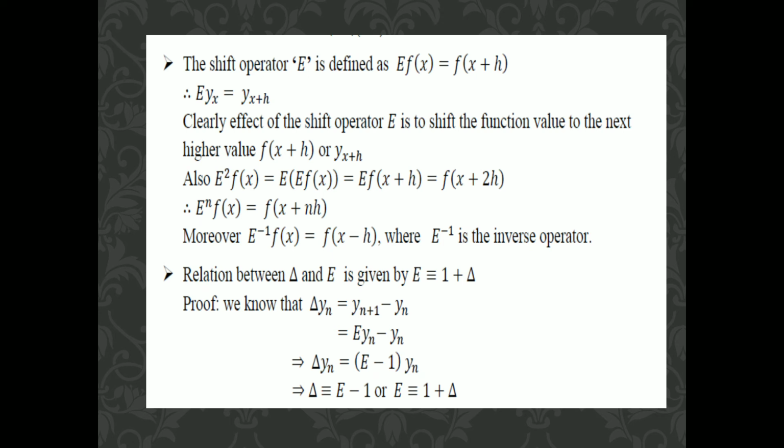So we write here E y n minus y n. Take the y n term as common and write the remaining terms in the first bracket, that is E minus 1. We write this bracket in first position because E is an operator and y n is a function. So it gives delta is equal to E minus 1, or E is equal to 1 plus delta. This is the proof of the relation between delta and the shift operator.